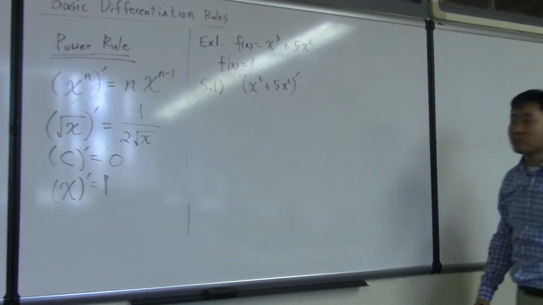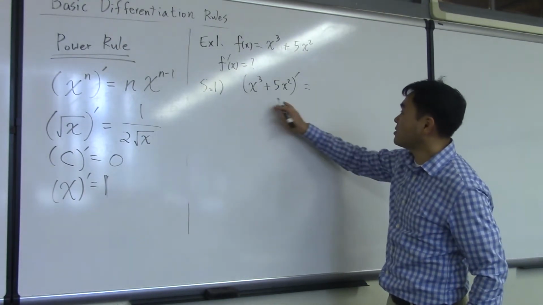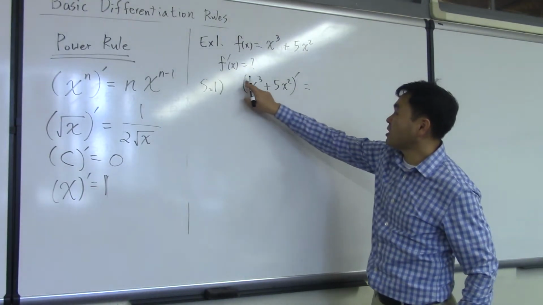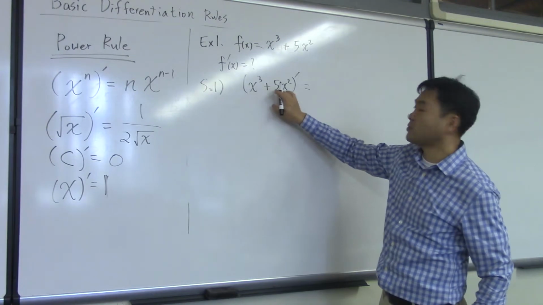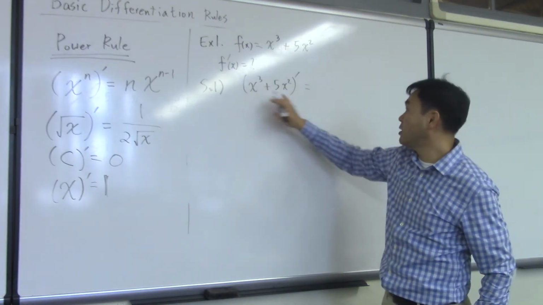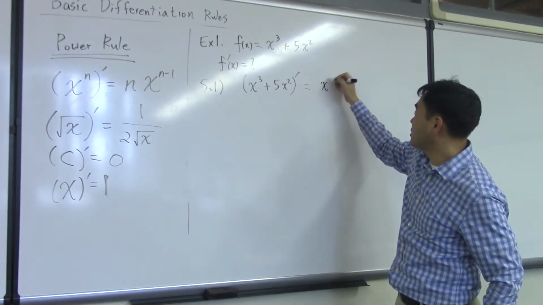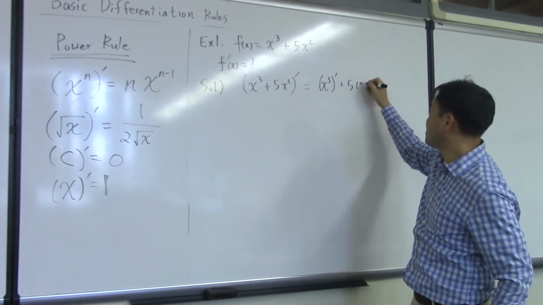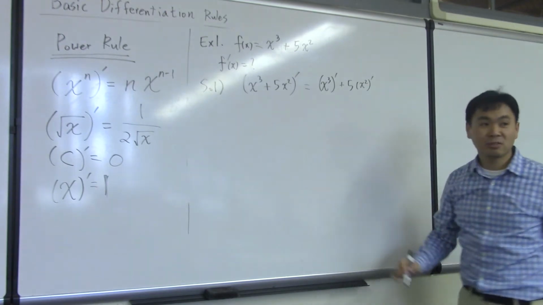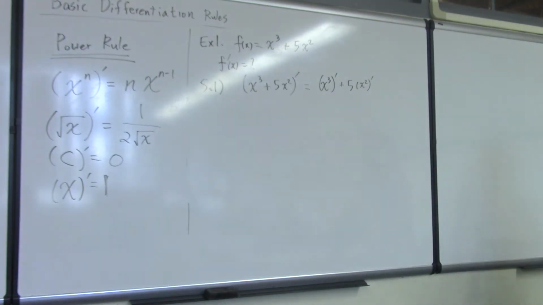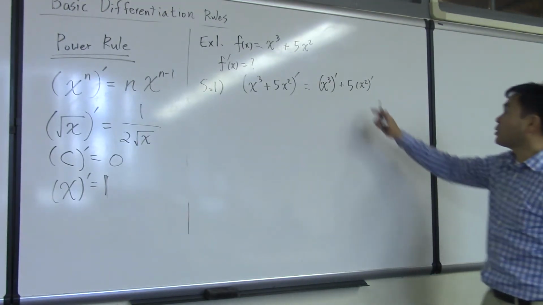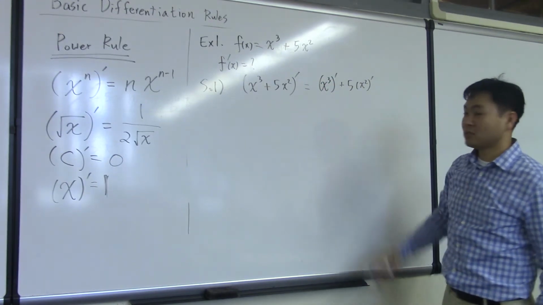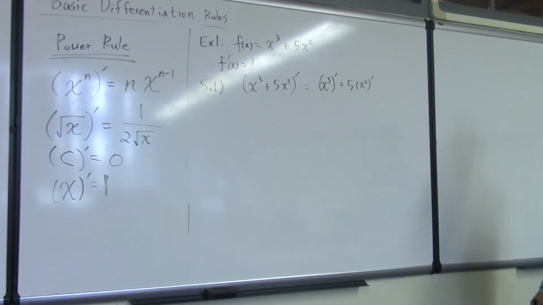And the linearity says that this is like 1 times a function plus 5 times another function. So I can just ignore those coefficients and concentrate on differentiating the functions only. The coefficients are just there, and you're differentiating the function.